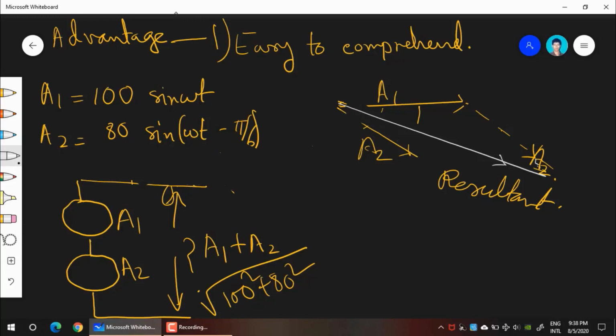This is our resultant and this angle is our theta. So this will give us A sin(omega t minus theta). Very simple, no need to do much calculation.